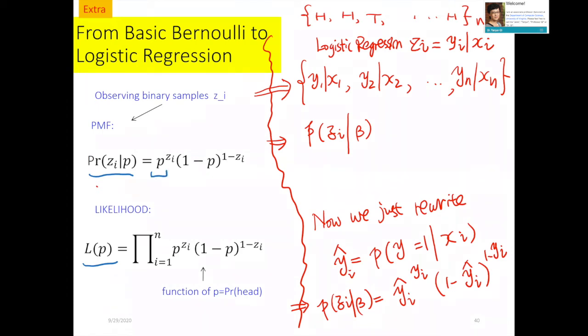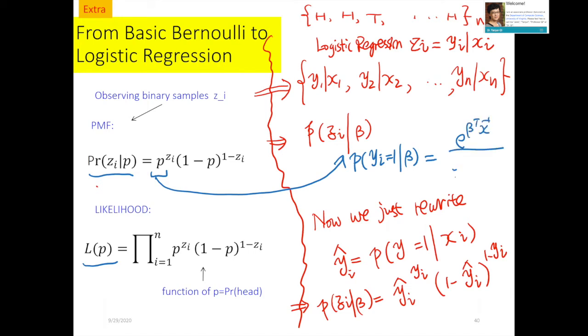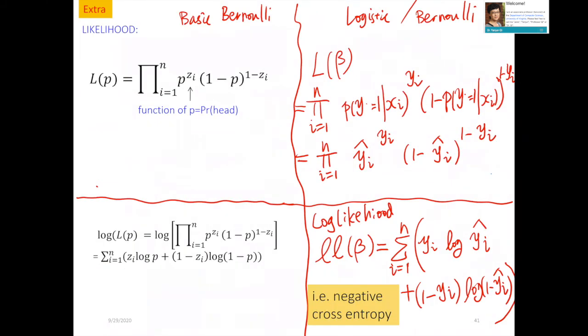It changes to a parameterized form, P(y_i = 1 given beta), which is e^(beta transpose x) over e^(beta transpose x) plus 1. Everything else is the same as the basic Bernoulli. You just replace the p hat in the basic Bernoulli by this parameterized form. Then you get all the similar derivations.